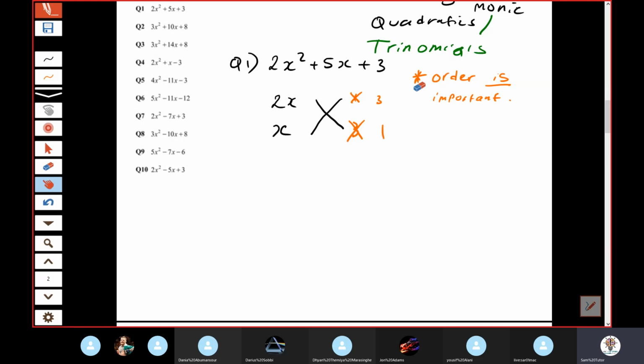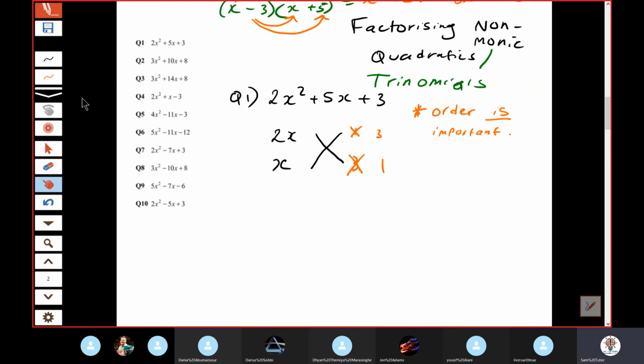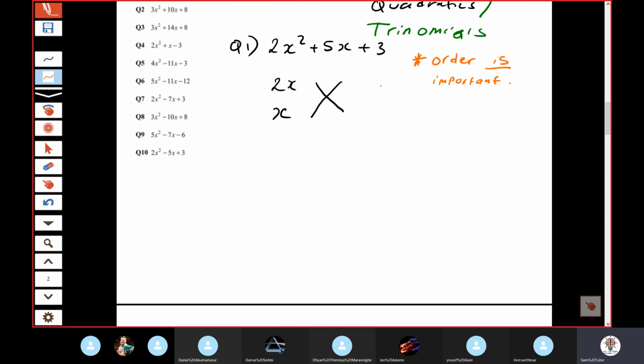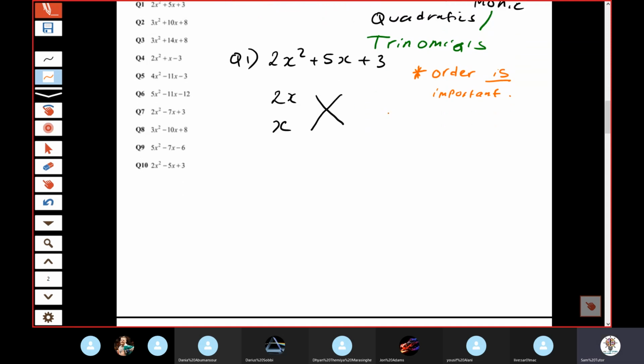All right, rubbing it out. So what's two numbers that multiply to get me 3? Well, let's just choose 1 and 3. Right? 1 and 3. This is where this cross comes in handy.